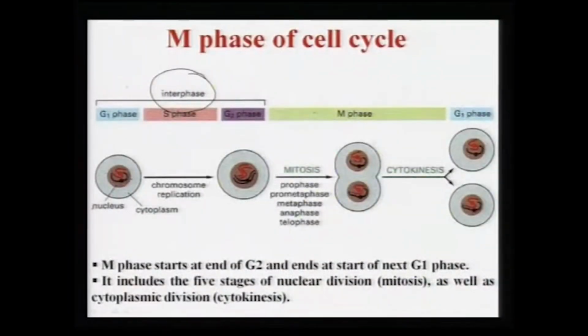And the checkpoint is strictly maintained when the cell goes from G2 to M phase. Now, here it is nucleus and this is cytoplasm, then there is chromosome replication here. When it goes to the G2 phase and from G2 to M phase, it will check whether the N chromosomes have gone to 2N chromosomes, where the number is doubled. So that in M phase it can simply go to mitosis and cytokinesis, that means there is cytoplasm division and it goes to 2 daughter cells.